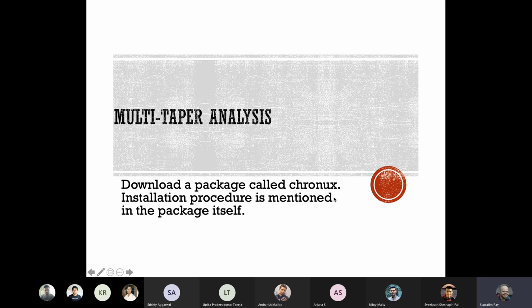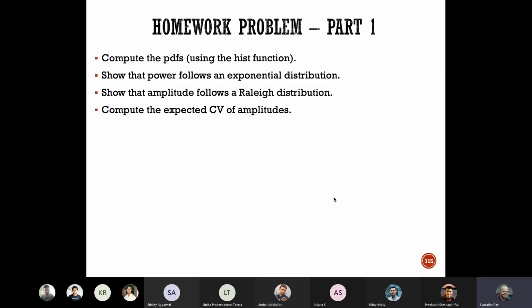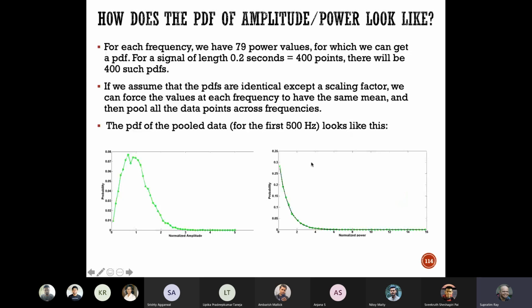It came out in the early 2000s, and it's so popular mainly because in a typical experiment like this, where you are showing something to a monkey or a rat and you're estimating power or firing rate, typically you don't end up getting too many trials per condition. Here we have about 79 trials, but this is a rather rare case. Typically you would have 10 or 20 trials only.